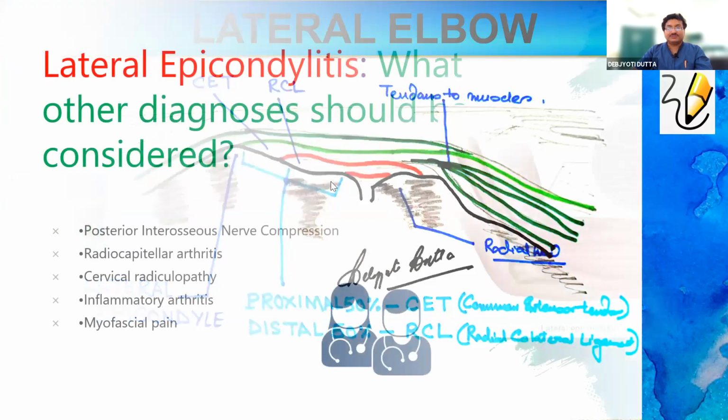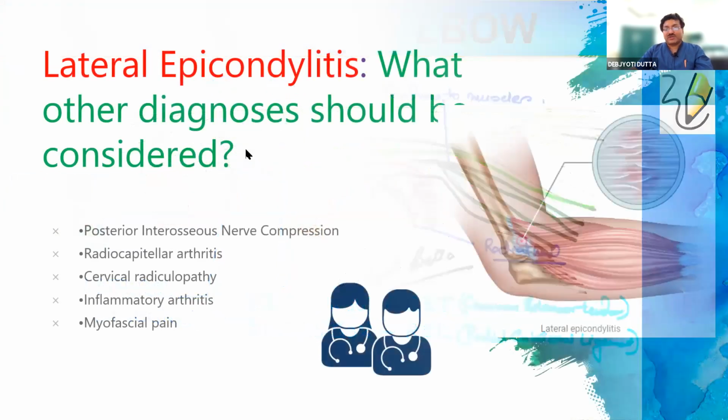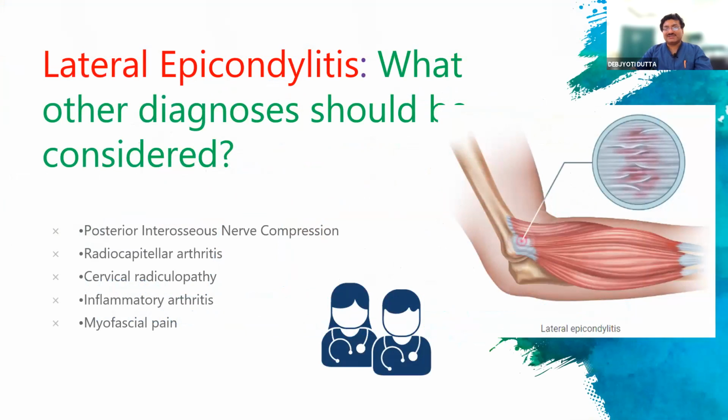Now, if you are suspecting a lateral epicondylitis, what diagnoses should be considered? I have already told this. First of all, posterior interosseous nerve compression, sometimes confused with lateral epicondylitis, radiocapitellar arthritis, and cervical radiculopathy.